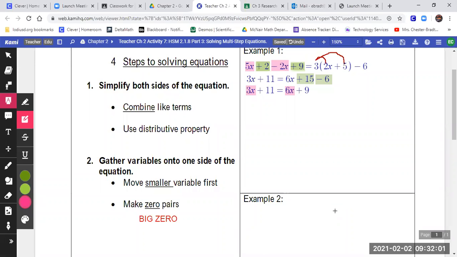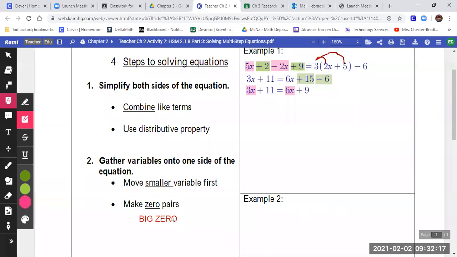Which of those is the smaller number, 3x or 6x? 3x. So we have to move the 3x by doing the opposite.